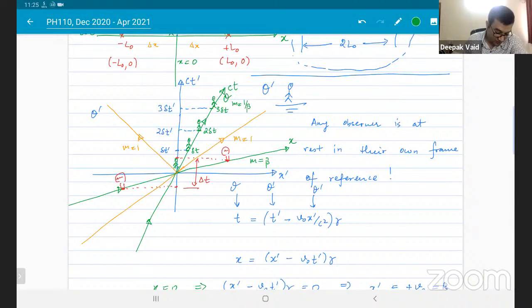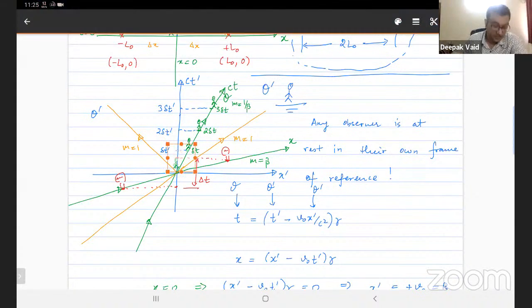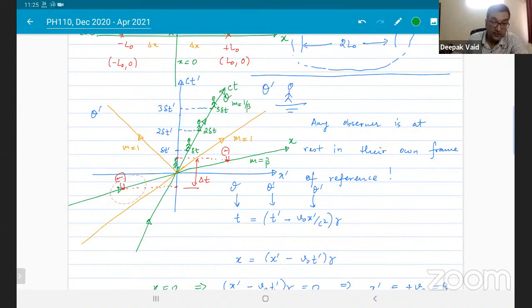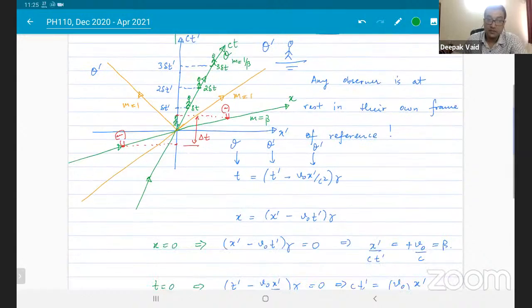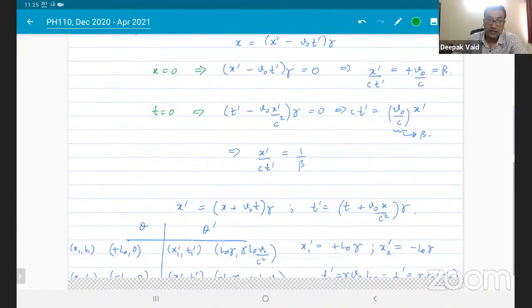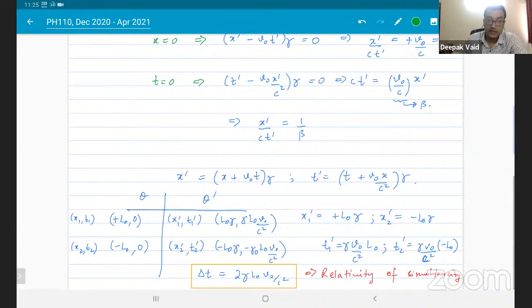If I ask what is the time at which this event happens over here, and similarly, this event happens at what time? It happens at this time, which is a different time. Now we can calculate how much that difference is by using the Lorentz transformation, right?